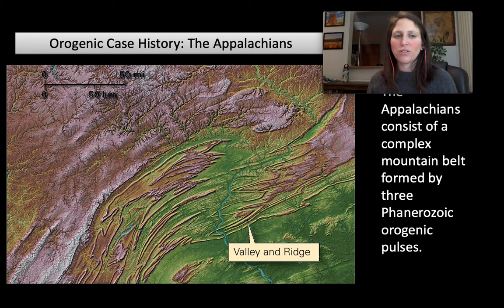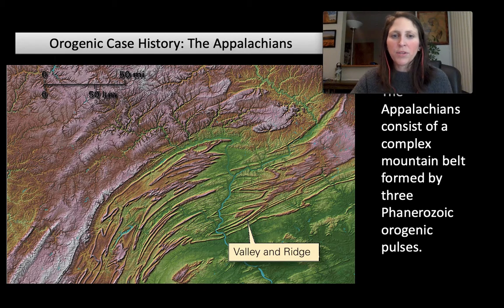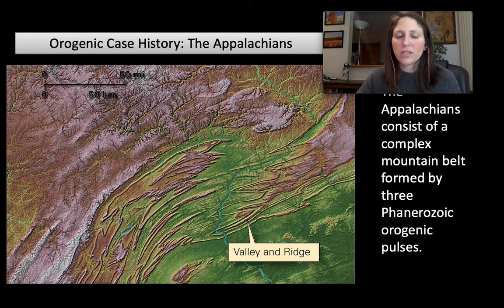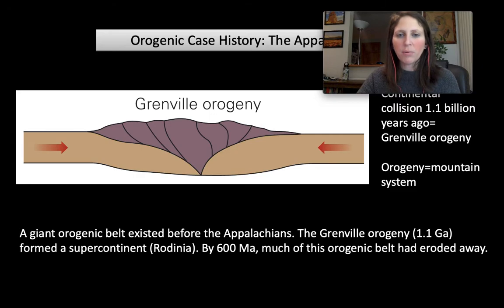The erosion events over millions and millions and millions of years wore these mountains down, broke them down, and reduced them to really just gentle hills, if anything, instead of these great majestic mountains that they once were.